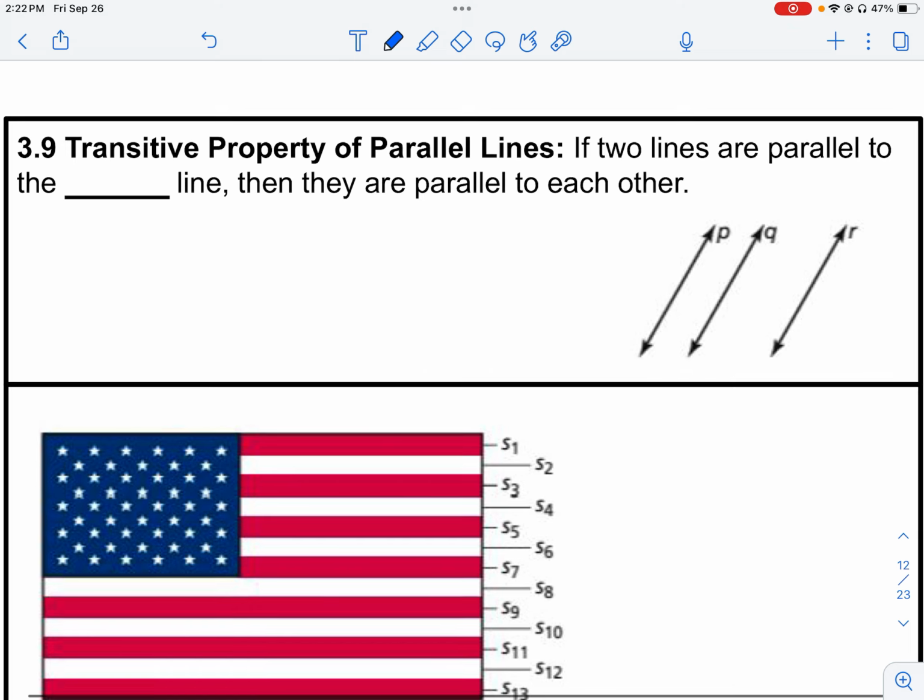So let's talk now about the transitive property of parallel lines. If two lines are parallel to the same line, then they are parallel to each other.